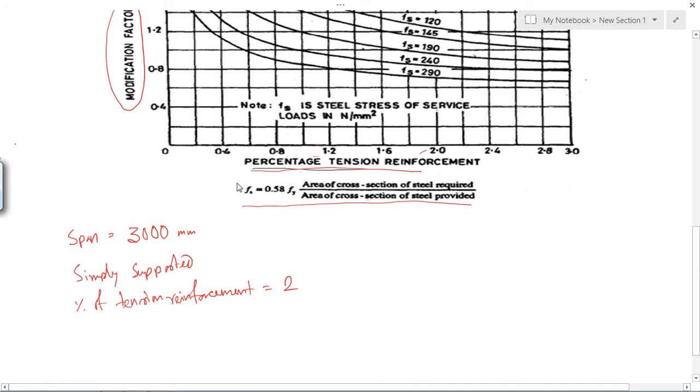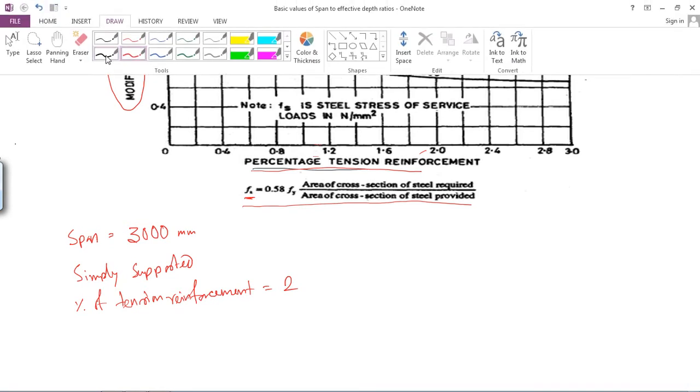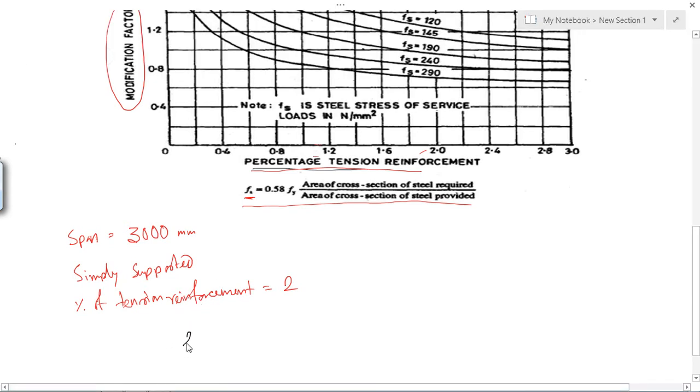Now you have to find the value of Fs. Fs is equal to 0.58 into Fy, which means characteristic strength of steel. Now let's assume Fy is 500, into the area of cross section of steel required over the area of cross section of steel provided.